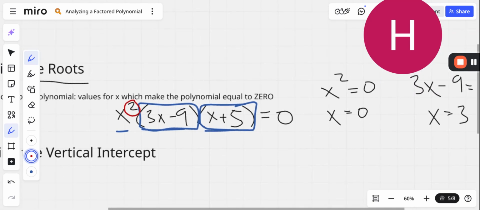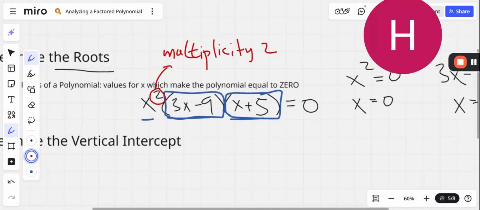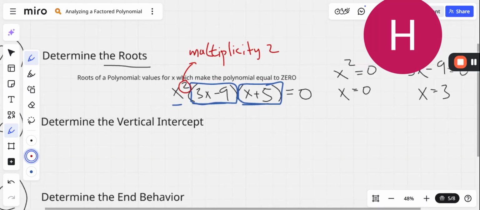This is going to relate to something called the multiplicity, and it'll have an effect on the values of the function near that x value of 0, but it's also going to tell us something about the way that the graph is shaped. I guess I won't just put mult, I'll put multiplicity of 2. We'll talk about what effect that has on the graph when we get to part D. Okay, so these are the roots.